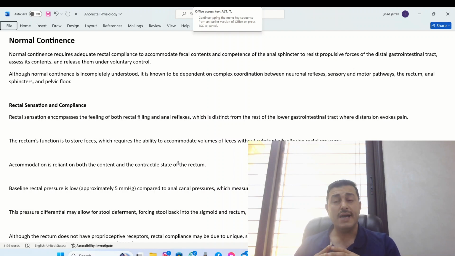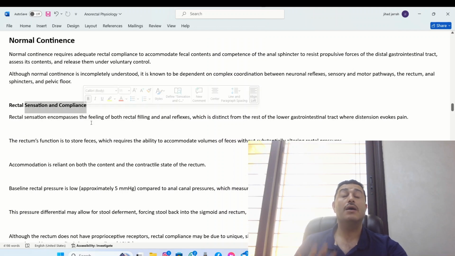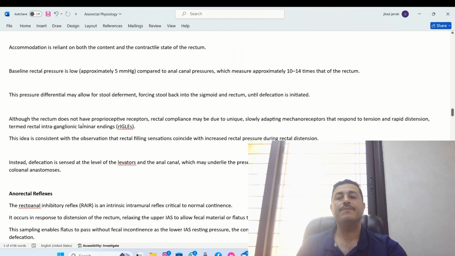So actually, to understand continence, it is a matter of four mechanisms. First of all, the unique capability of the rectum to accommodate, what we call the compliance of the rectum, the rectal sensation and compliance. We will explain it.